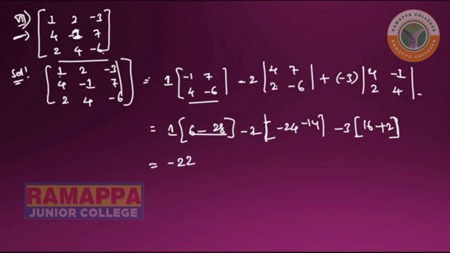Okay, and this is how much here? Minus 38, minus 38 twos are minus 76, minus into minus plus 76.